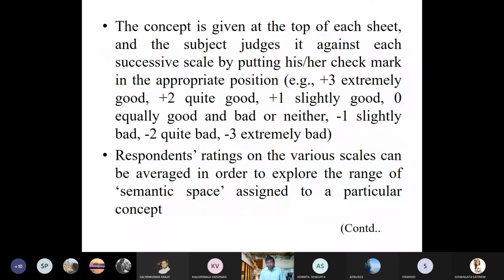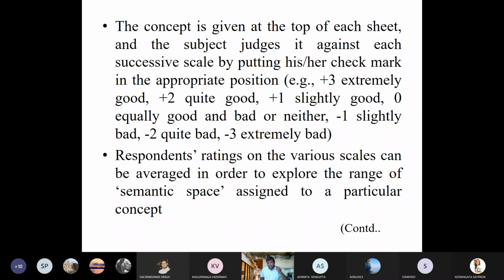So we start from +3 and end at -3. +3 is extremely good and -3 is extremely bad, so we are going for a seven-point scale here. +2 is quite good, -2 is quite bad. +1 is slightly good, -1 is slightly bad. And 0, where we can mention either equally good or equally bad or neither of them.